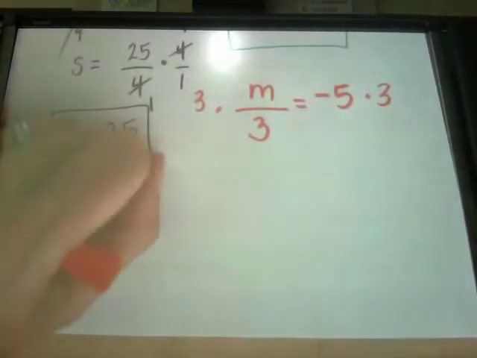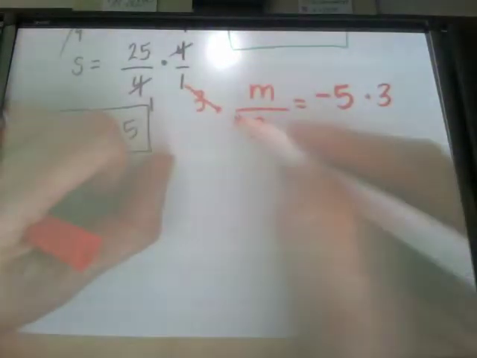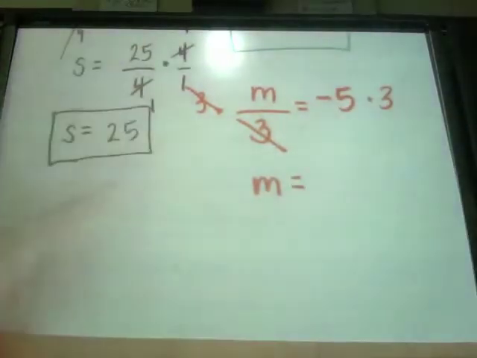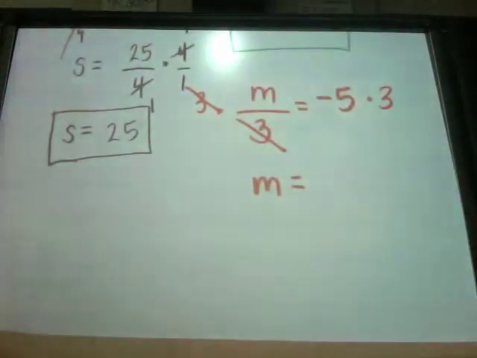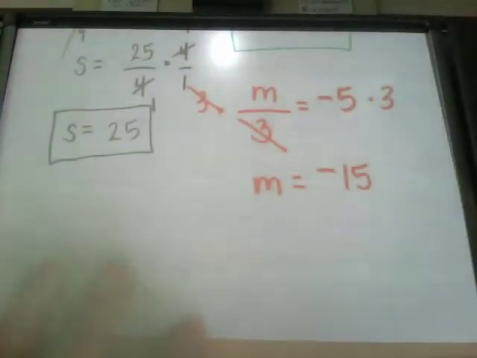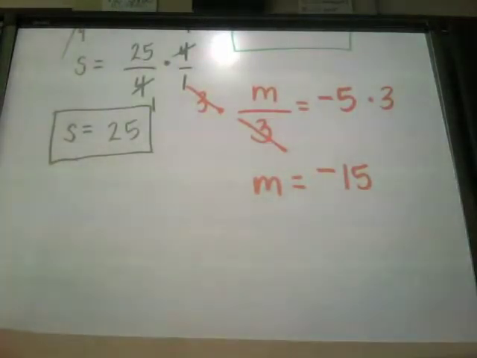I do the opposite. Here, 3 divided by 3, again, that's going to be 1, or they cancel out, leaving just the m. On the right side, pretty simple. Negative times positive makes a negative. 5 times 3 is 15. Not too difficult. However, I do want to show you one other possibility that I believe you will see.